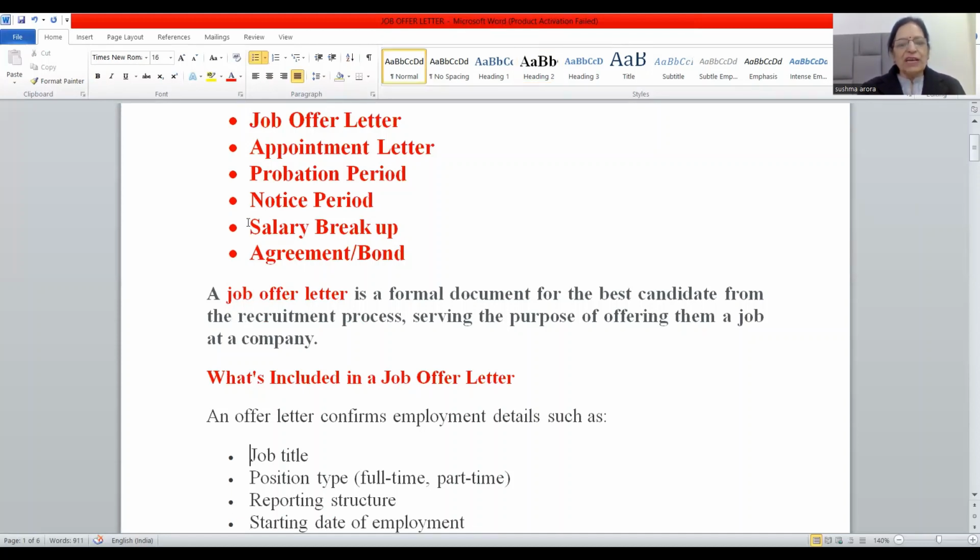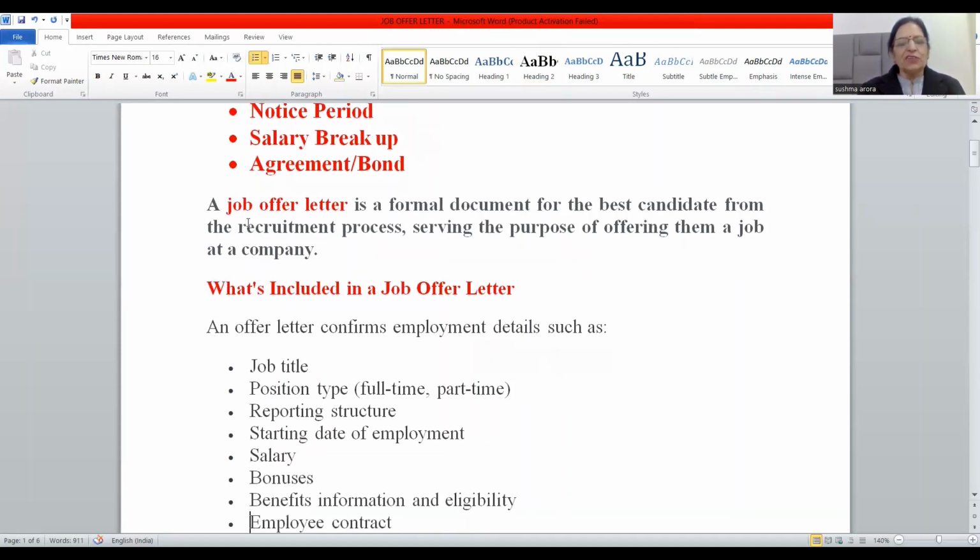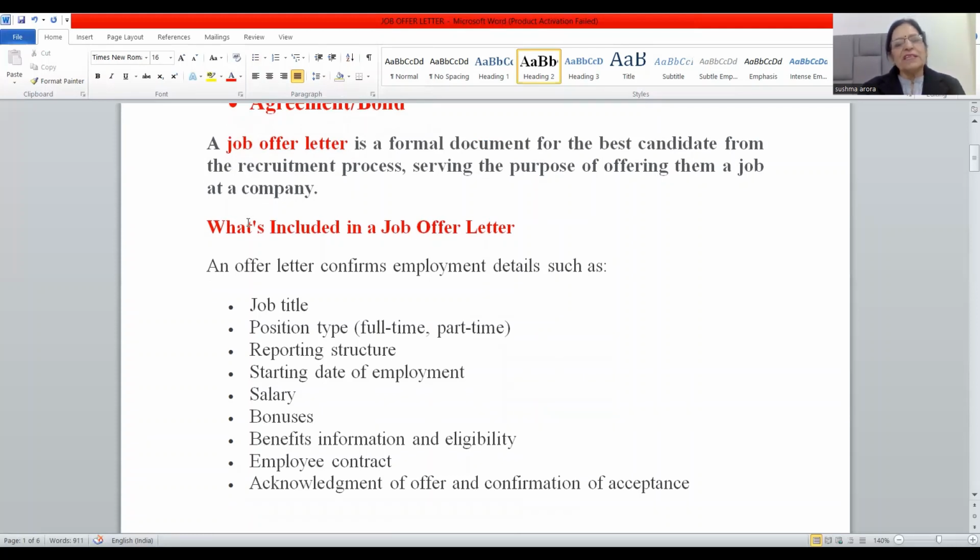In the job offer letter, friends, first of all, there is the job title. What is the job designation for which you have been appointed? Then position type, is it full-time or part-time? Then reporting structure, from which date you have to report to this company, on which date and at what time? Starting date of employment, are you going to join from the first of a particular month or the 15th or 16th of a particular month?